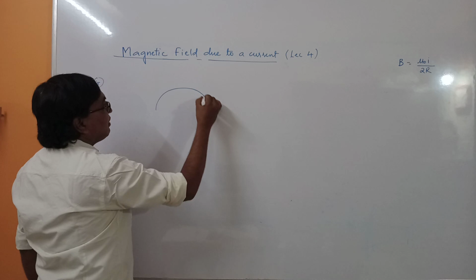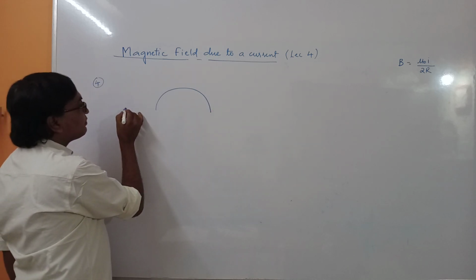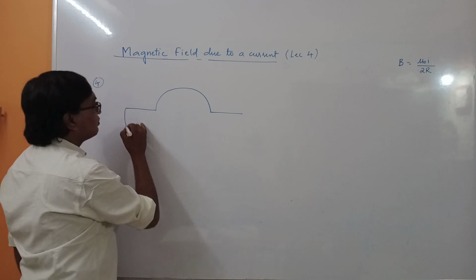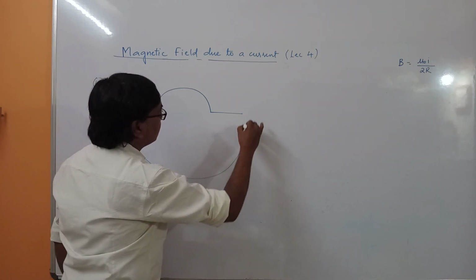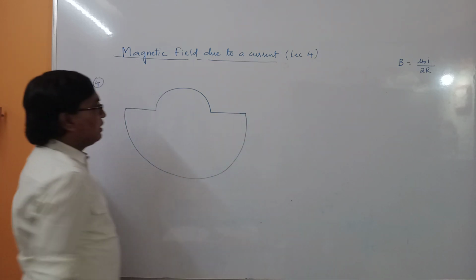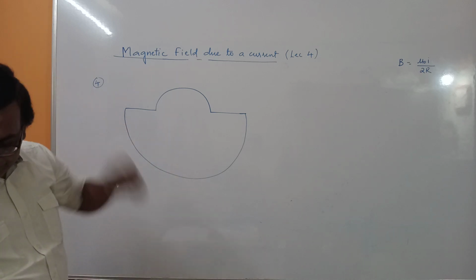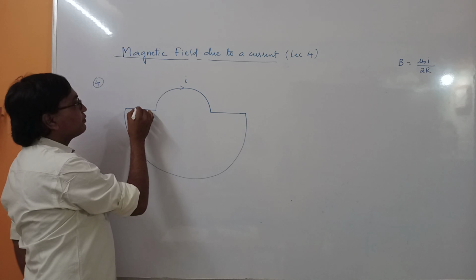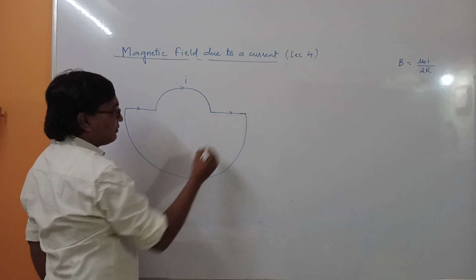So here we have two circular loops. Centers are same. It is carrying a current I, this is the direction of current.